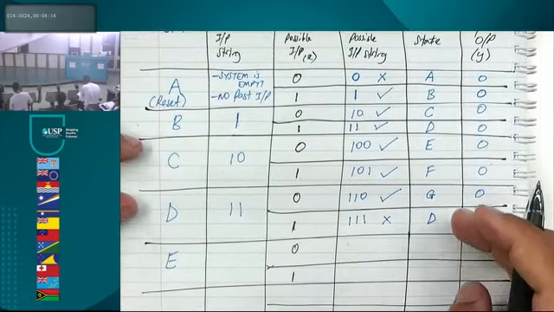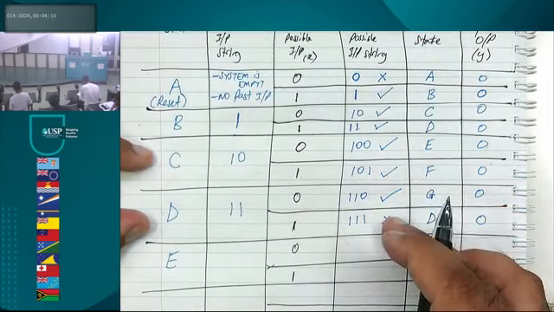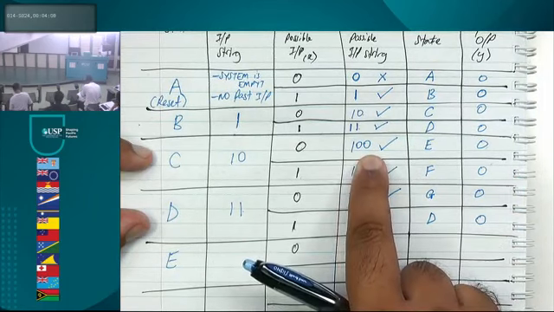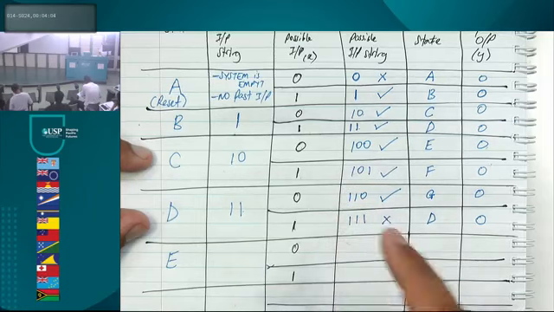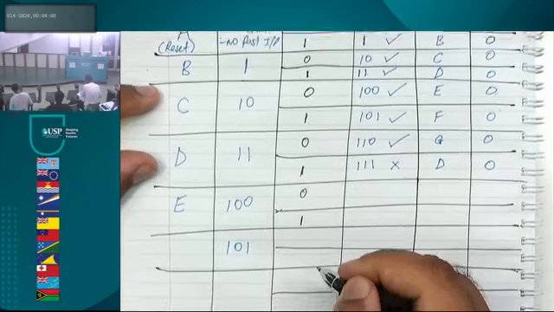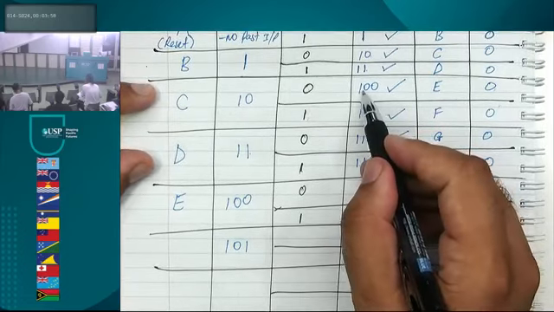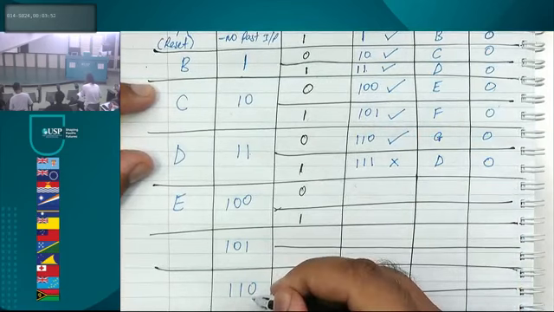All right, now, let's go to E. What are the ones which progress from the last two? 1, 0, 0, 1, 0, 1, and so 1, 0, 0 progress, 3 bits, 1, 0, 1, and 1, 1, 0. So 1, 0, 0, 1, 0, 1, and which other one, guys? 3 bits. 1, 0, 0, 1, 0, 1, and 1, 1, 0. Okay?